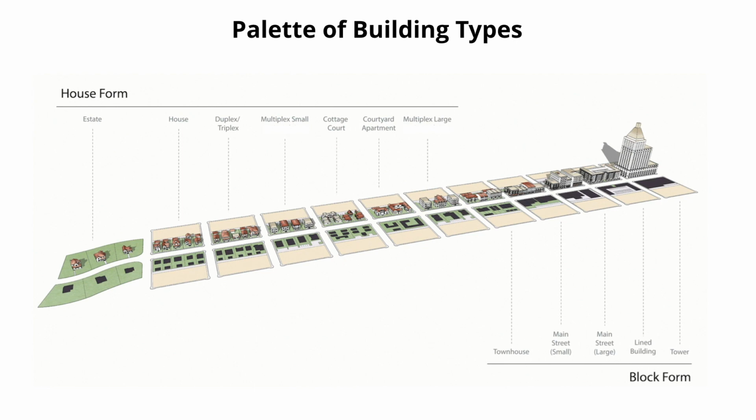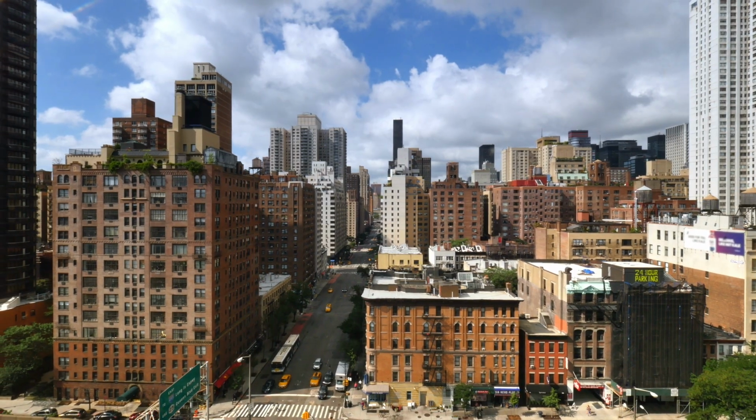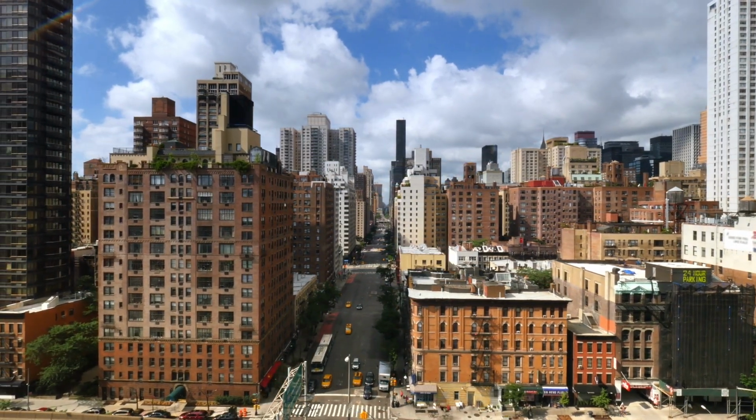There's these buildings that have garages inside of them, or older buildings that have theaters inside of them and actually have a ring building along the sidewalk, or we call a lined building. And then you have mid-rise, 7, 8, 10-story buildings, and then you have high-rise or tower. And for this diagram, I've just put the tower to combine mid-rise and high-rise. So that's the palette of building types that we're talking about.